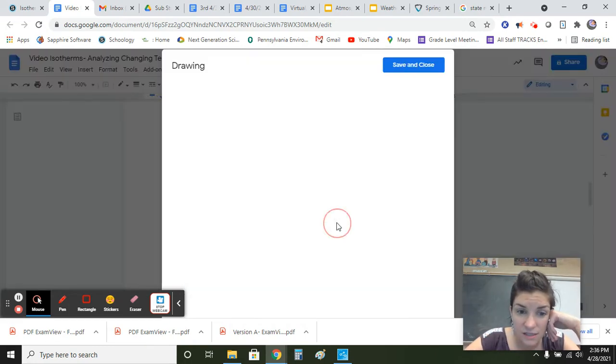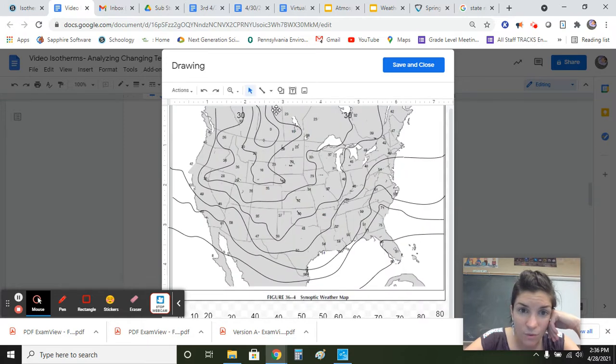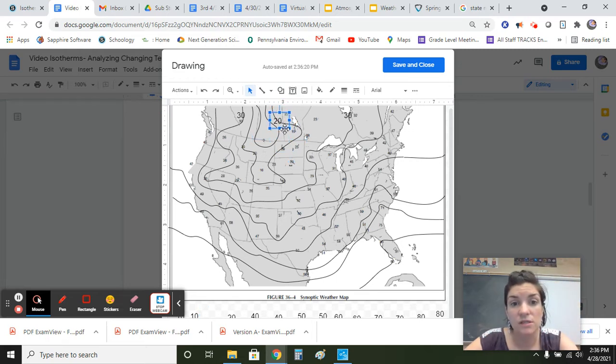So let's go ahead and figure out what this line is. If we're looking, 23 is on the outside, 10 is on the inside. So what number is in between that? 20. So we're going to grab this number. Make sure when you pick it up, see how my mouse has like 4 lines coming out of it?